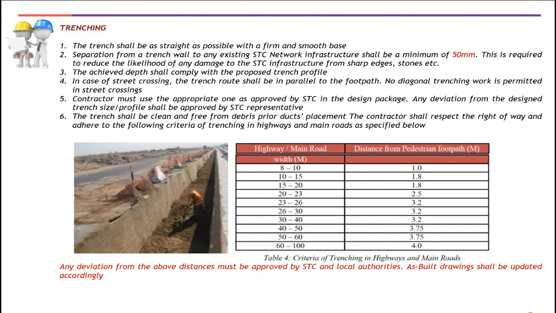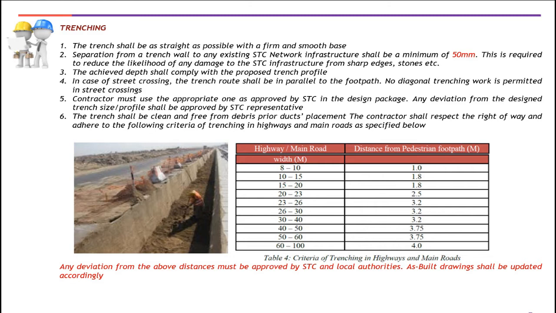For 23 to 26 meters, the trench is 3.2 meters away from the footpath. For 26 to 30 meters, 3.2 as well. For 30 to 40, 3.2 as well. For 40 to 50 meters width of road, 3.75 meters away from the footpath.